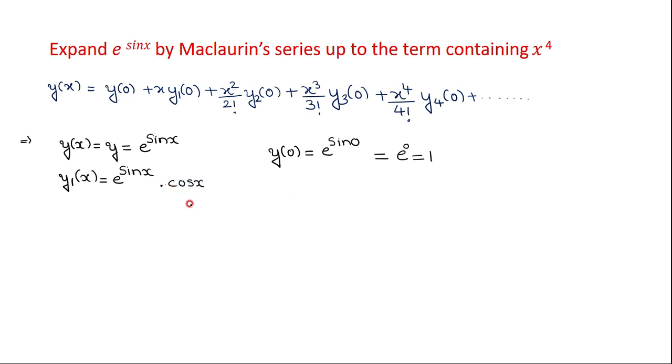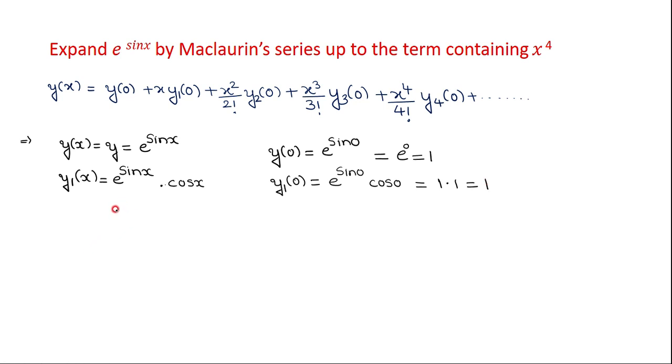Here put x equal to 0, and we get y1 of 0 equal to e raised to sin of 0 into cos of 0. E raised to sin 0, as we have calculated, is 1, and cos of 0 is also equal to 1. So 1 into 1 is equal to 1.